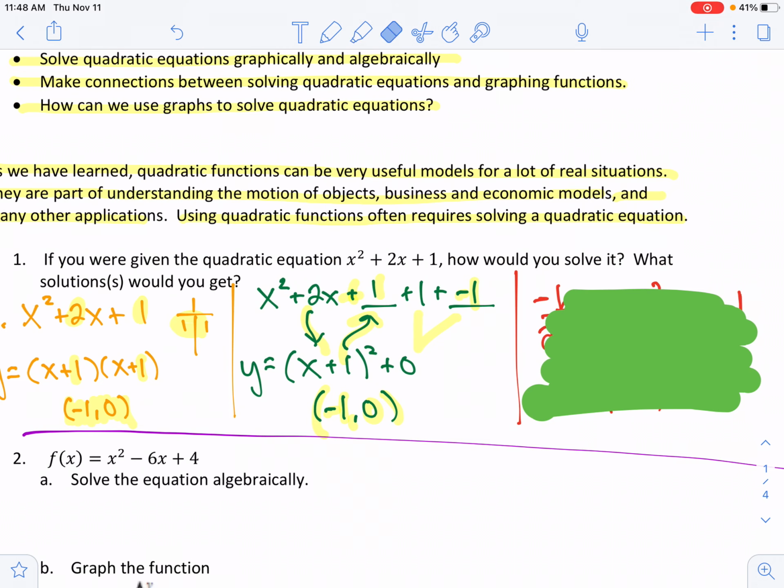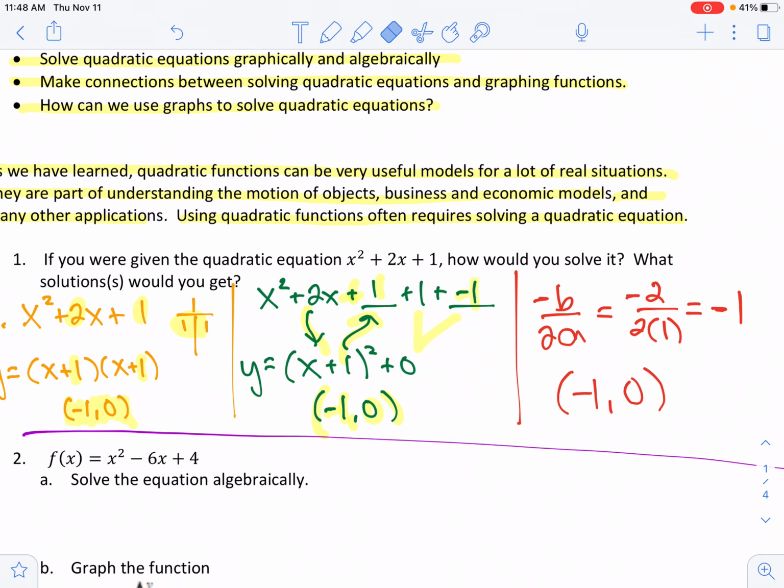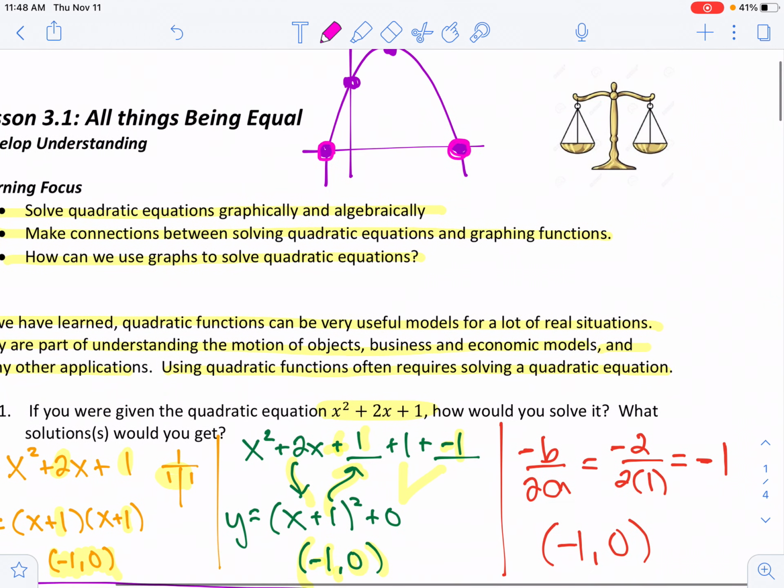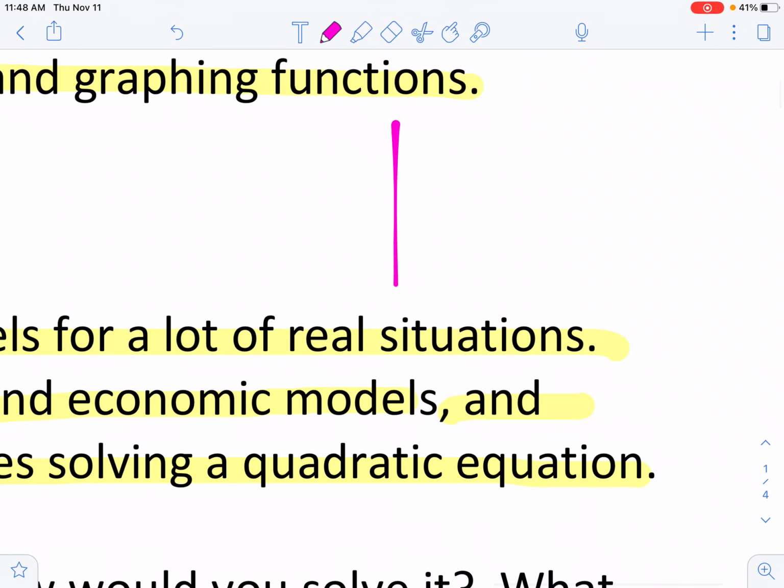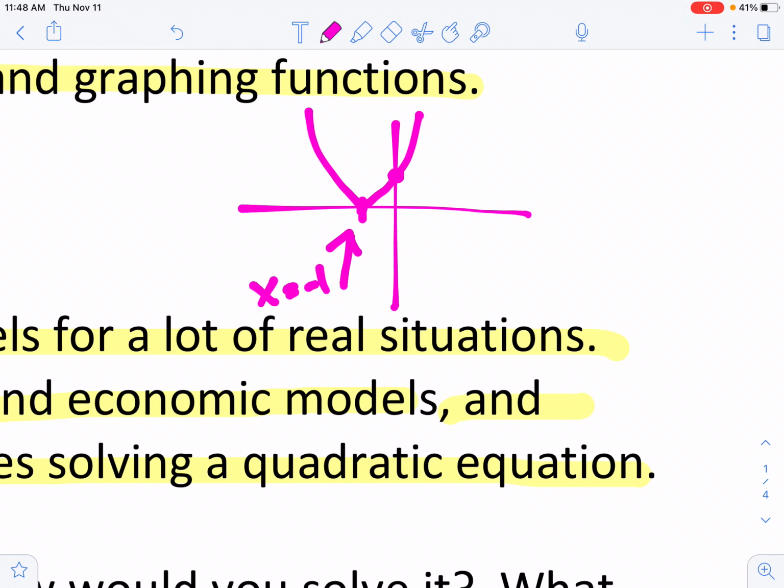Or you could use that new way I taught you where you found -b over 2a from standard form. All 3 of those, though, would have given you this graph. You're at -1, 0, and your a is 1, so over 1, up 1. And you can see that it crosses the x-axis when x is -1.